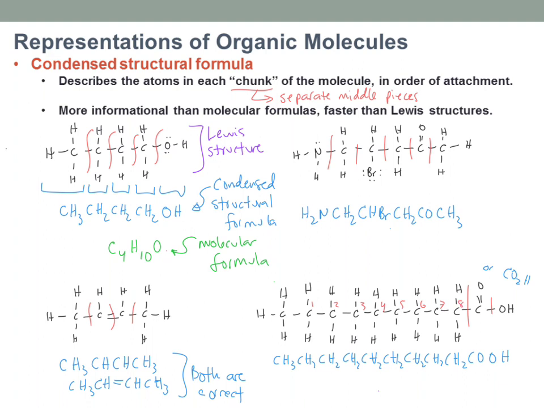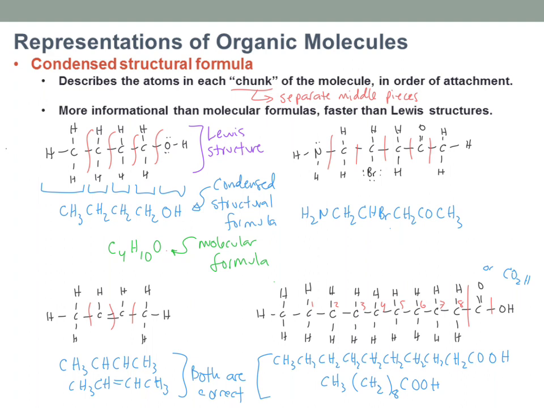I have 8 CH2s. So another way to write this is to say that I've got the CH3, and I definitely have CH2s, but I don't want to write them all, so I'm going to say that there's 8 of them, and then write my COOH. And so you've sort of condensed an already condensed structural formula. That's totally fine too. Both of these are also correct.